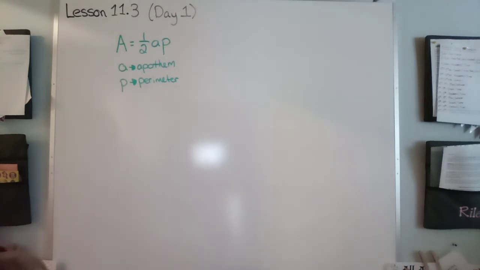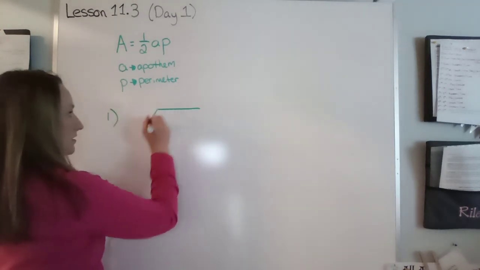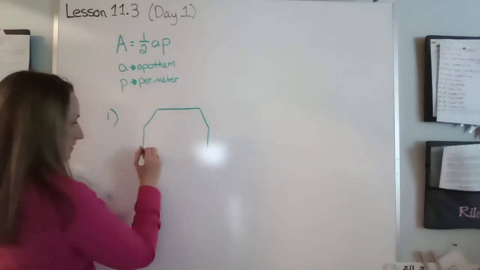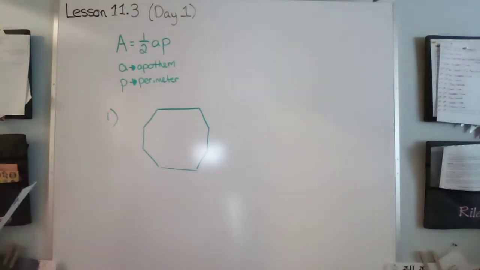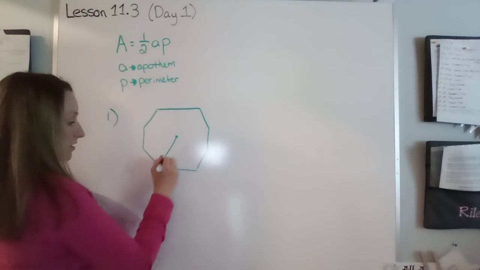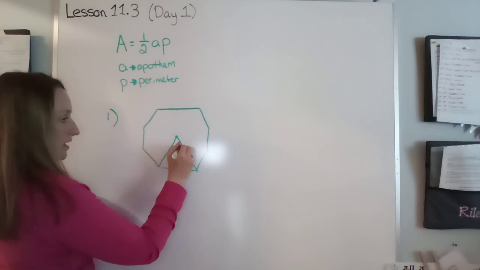The first problem says find the measure of a central angle of a regular polygon with 8 sides. So we have to envision a polygon with 8 sides, and we want to find one of the central angles. The center is here, and these are radii. I want to know what this measure is.